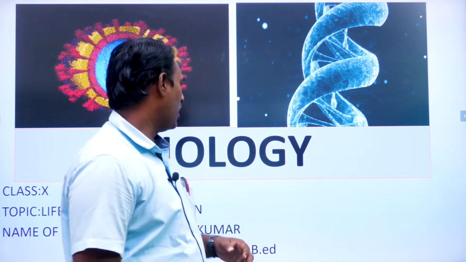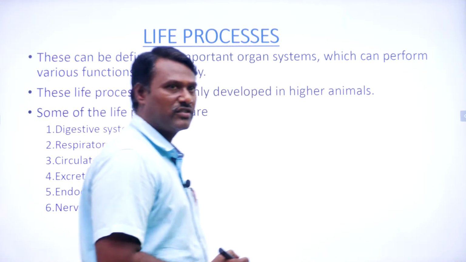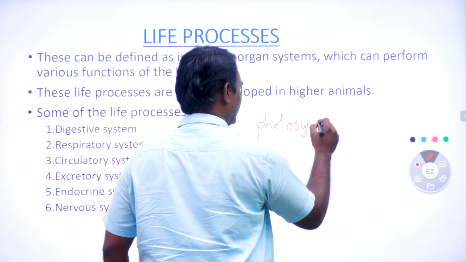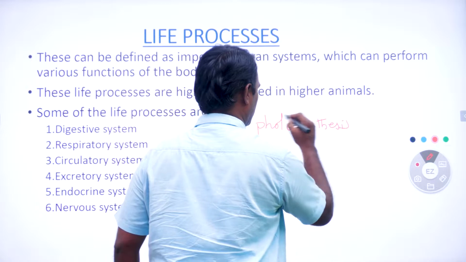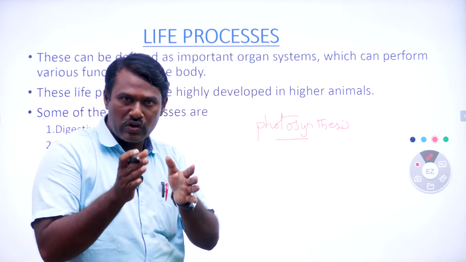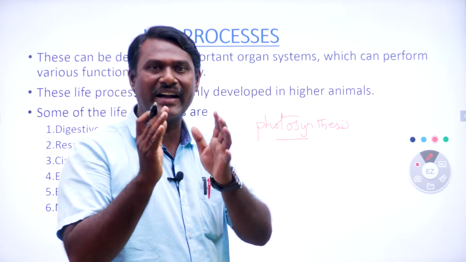Yes, first of all we are going to see photosynthesis. Here we have the content called life process. Photosynthesis is a type of life process which occurs in all green plants.